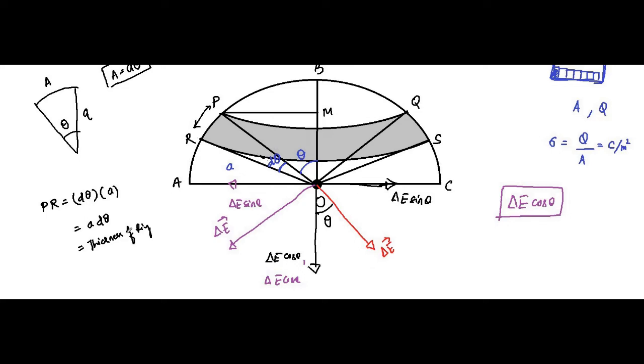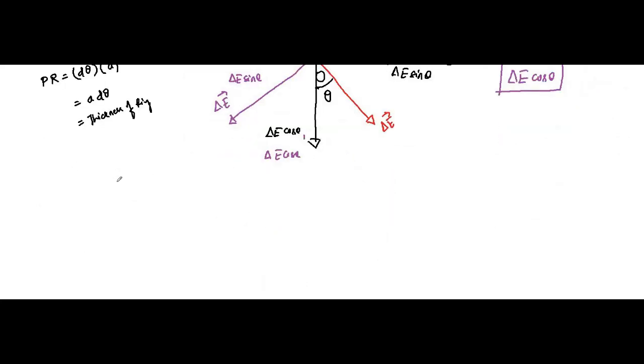Then the surface area of this ring PQRS is equal to the circumference of the ring, okay, this is the ring shape structure we have taken, multiplied with the thickness of the ring.